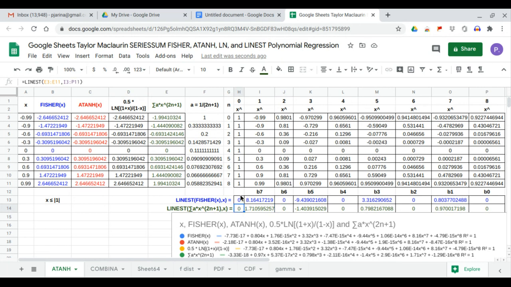And B8 is also 0. So this completes the comparison of the Fisher inverse hyperbolic tangent and its logarithmic formula, and the Taylor-Maclaurin series sum of arctangent.